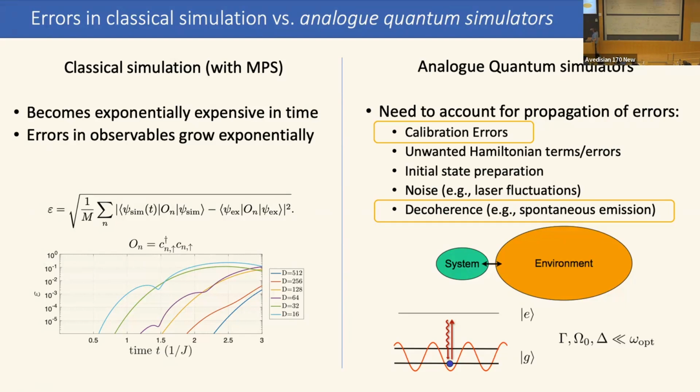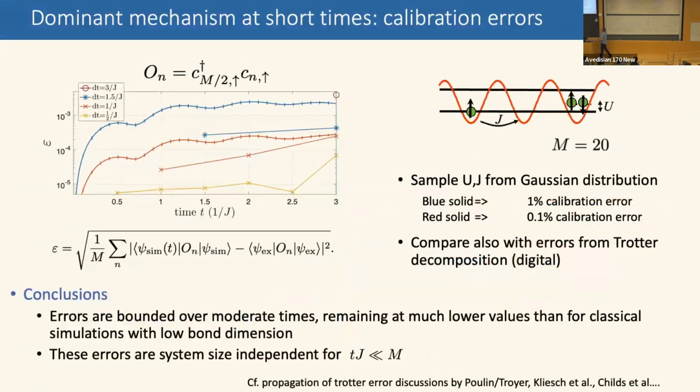Then at long times, eventually there's a timescale at which the coherent dynamics get cut off by decoherence from the spontaneous emissions. So we can make these quantitative comparisons and ask how these things grow and spread. There's a beautiful thing, which is also seen in Trotter discussions, also in Andrew Childs's group, and various other people who think about these things associated with an Institute for Robust Quantum Simulation.